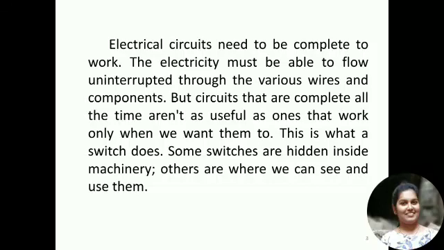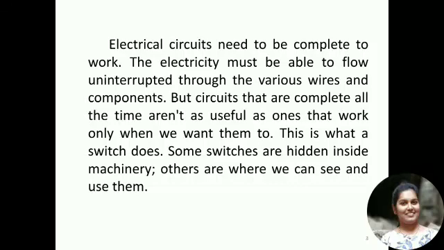But circuits that are complete all the time aren't as useful as ones that work only when we want them to. This is what a switch does. All the time we may not expect our circuit to be in working condition. Sometimes the circuit should be in idle condition, and sometimes we make it come into working condition.